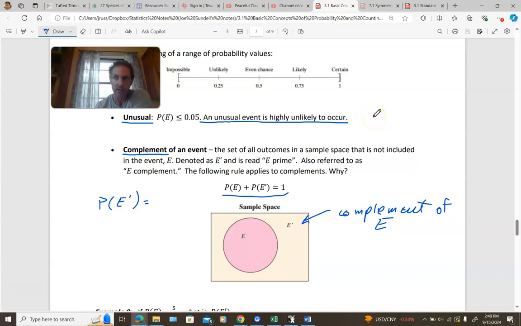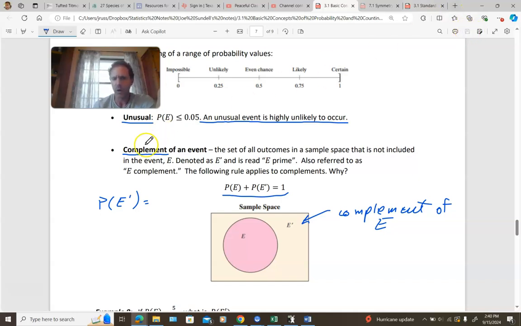So the event is that it rains tomorrow. The complement of that event would be that it does not rain. So intuitively, you know that if the probability that it rains is 20%, then the probability that it does not rain has got to be 80%. And together, they make up 100%, right? Because tomorrow it's either going to rain or it's not going to rain.